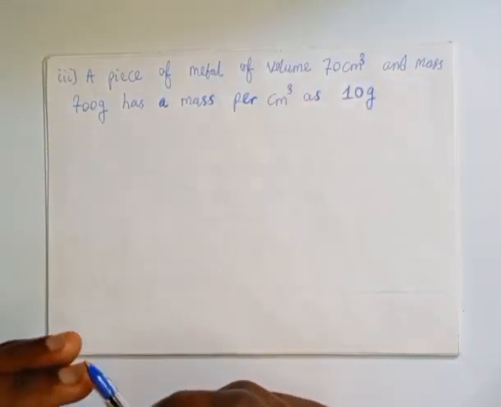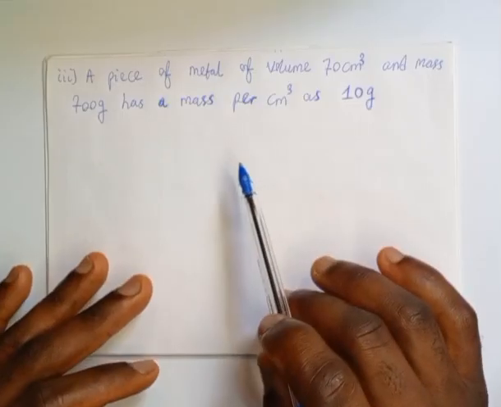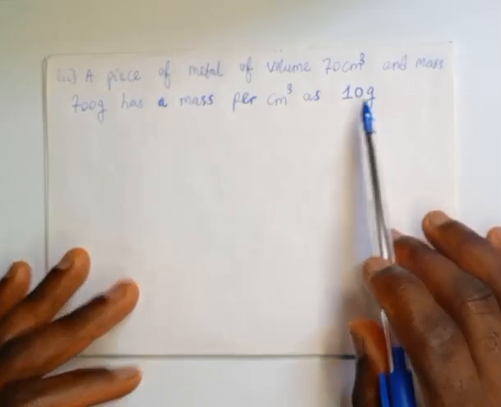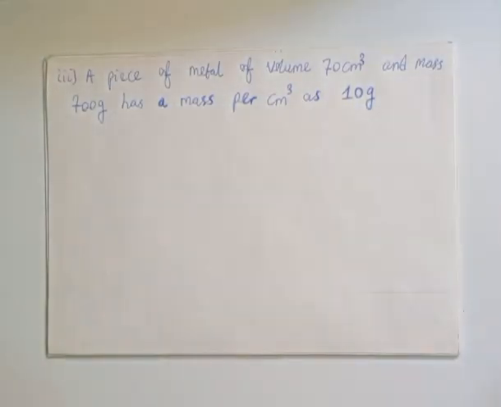That means in 1 centimeters cube, the mass of that metal is 10 grams.